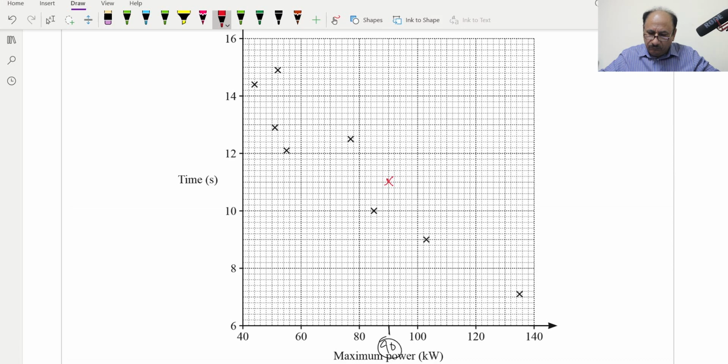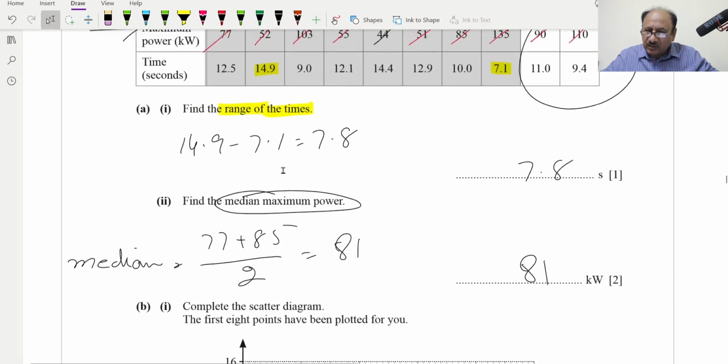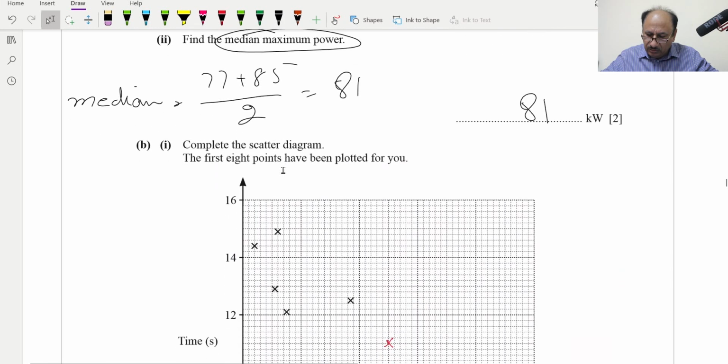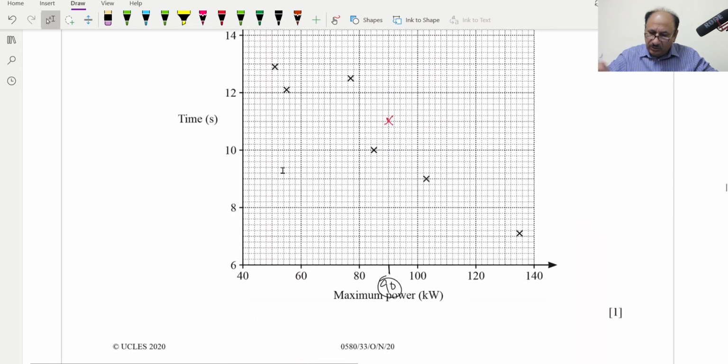So we have marked the point, and the second point is 110 and 9.4. 110 is this one, and 9.4 will be this point. We are done with this.